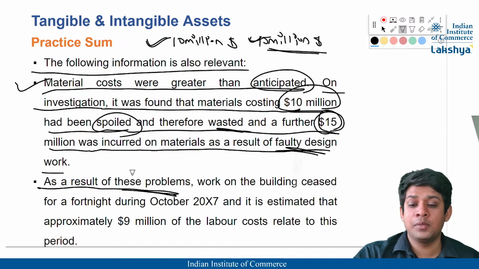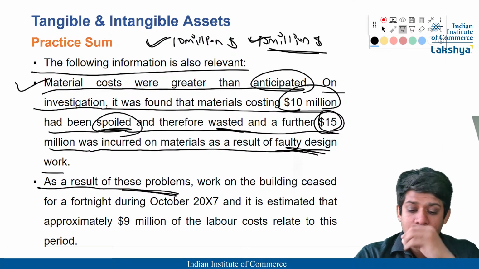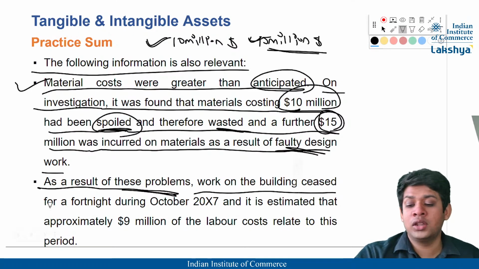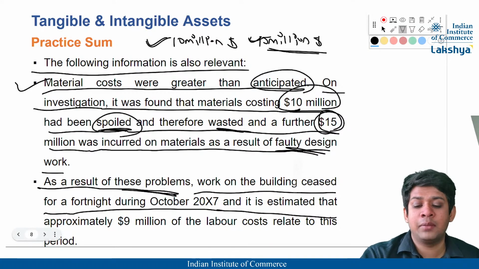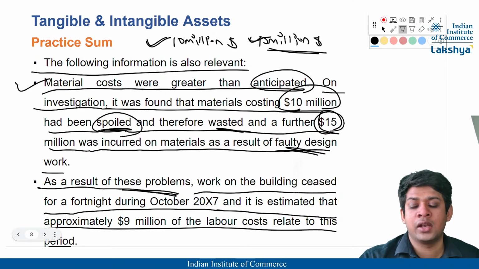As a result of these problems, that is the faulty design work and the spoiled work, work on the building was ceased for a fortnight during October 2017, and it is estimated that approximately 9 million of the labor costs relate to this period.